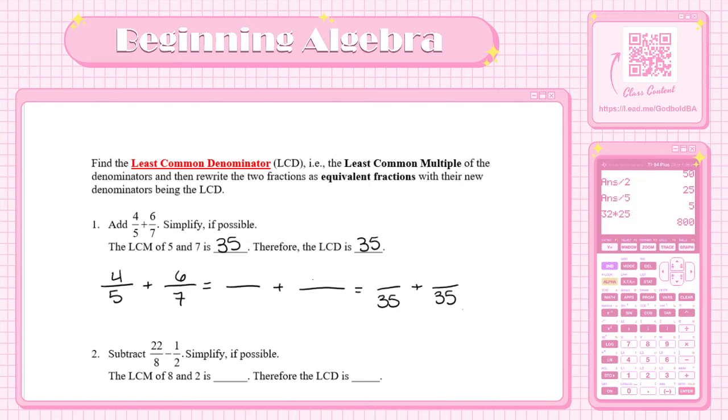So I've got to figure out, what do I need to multiply 5 by to get 35? Well, 5 gets multiplied by 7 to get 35. But when it comes to fractions, you can't just multiply the bottom by whatever you want, unless you also multiply the numerator by it. So this will give me 4 times 7, which is 28, over 35.